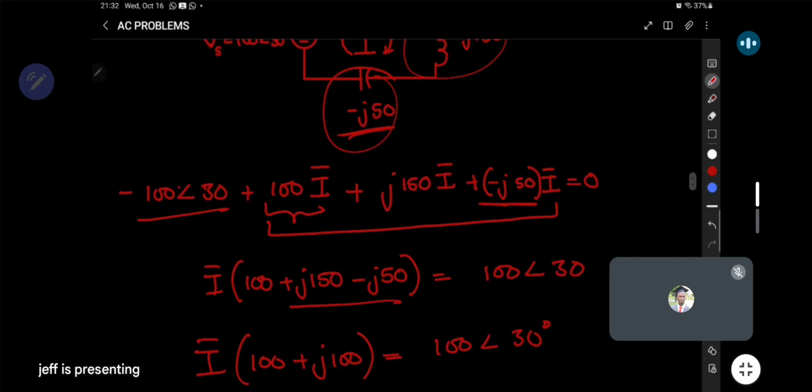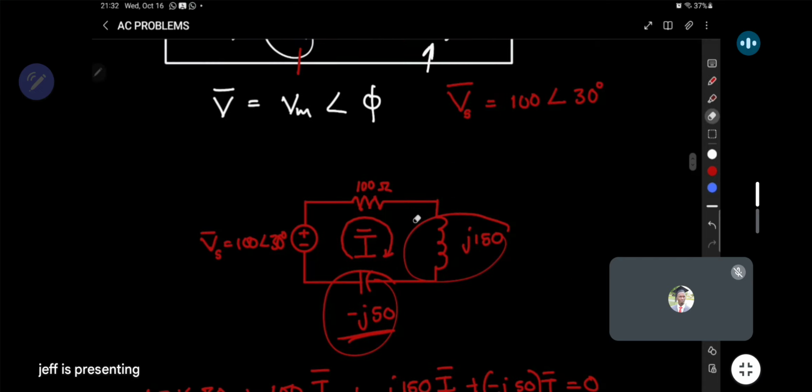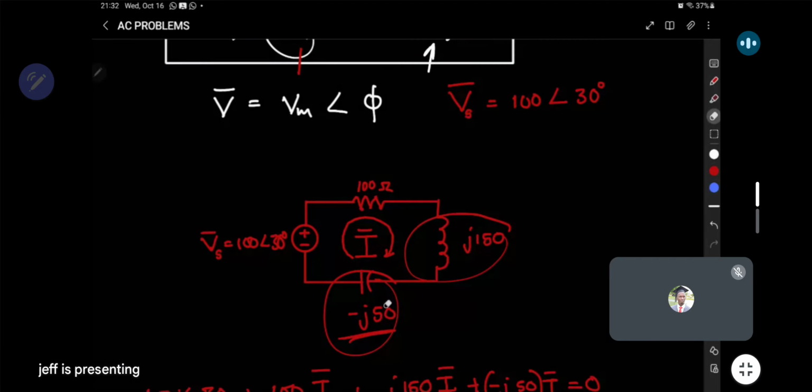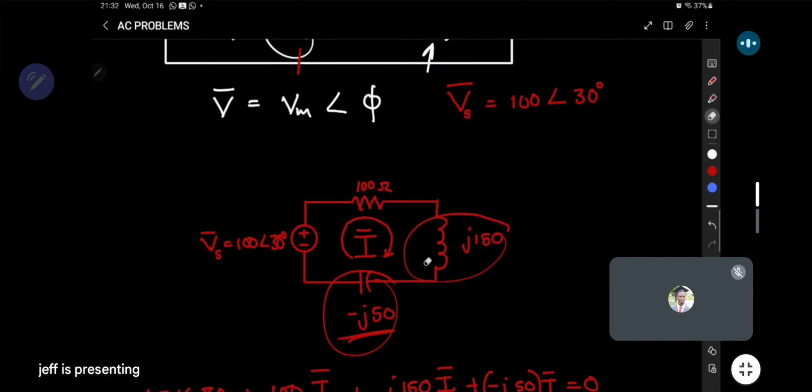For a circuit like this one, just try it again. We look at these as impedances, but you can still just treat them as if they are resistors. If they are resistors, you can say these are 3 resistors in series. To get the total, you just add the 100 plus the j150, but now you're adding something which is negative, so it will end up becoming minus 50 here.